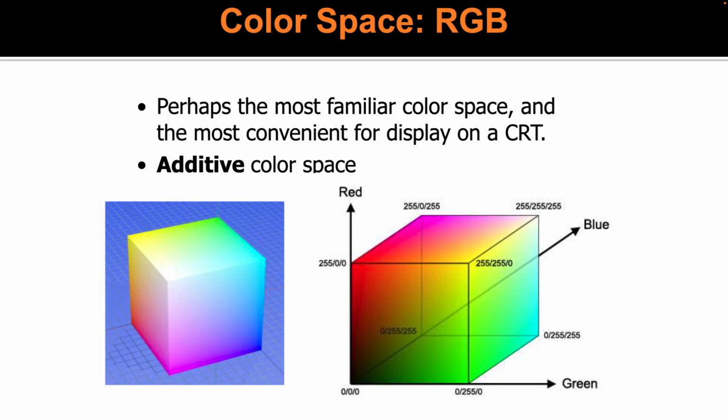And to create any kind of color you see here on the screen, you need to input values from 0 to 255 for each of these channels, okay? So if everything is 0, then what you get is this point right here, which is black. And as you go all the way to 255 on all these channels, you'll get a white, okay?